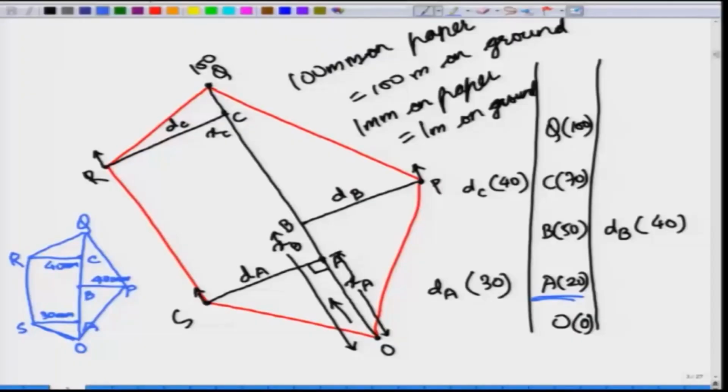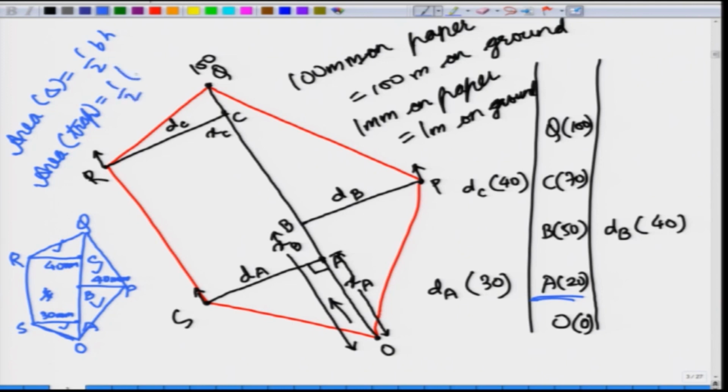So, for instance, you can convert this, and you will either have triangles or a trapezium, and we know that the area of a triangle is half of base into height, and the area of a trapezium is half of A plus B into H, where A and B are the parallel sides and H is the separation between these parallel sides.